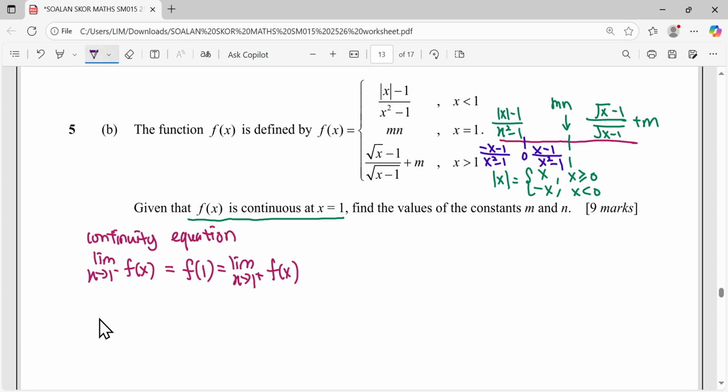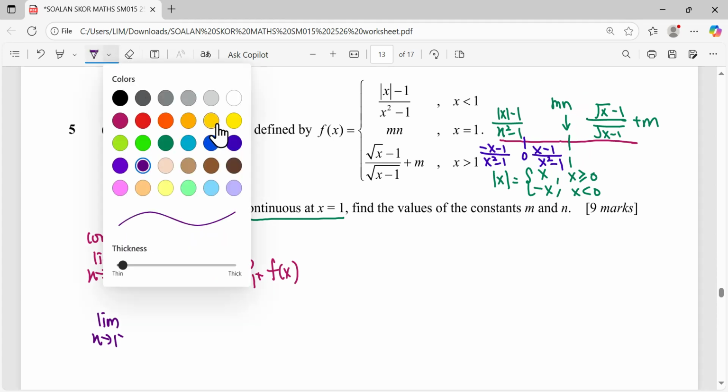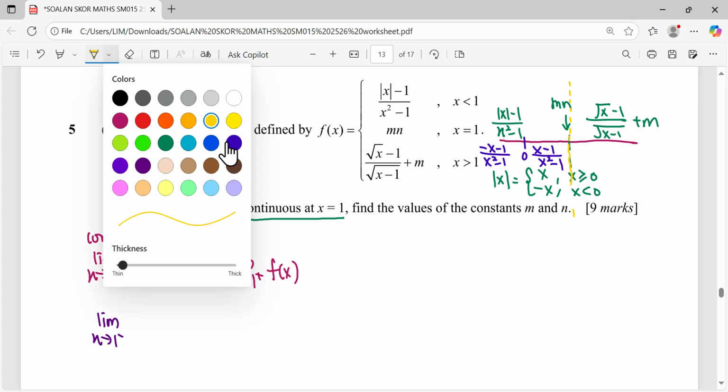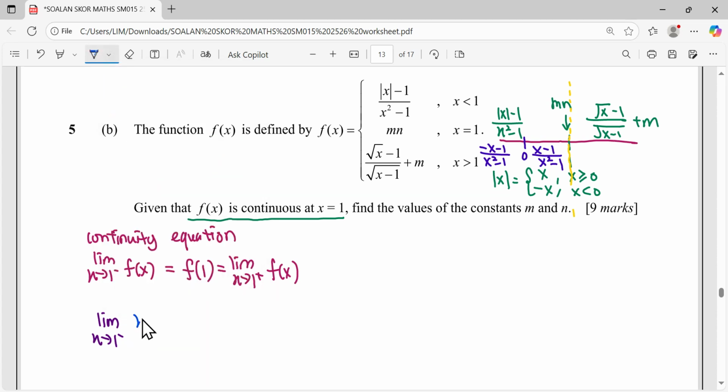Okay, so first, what is the limit as x approaches 1 from the left hand side? You can see your 1 is here, and we approach it from the left hand side. So getting near to 1 from the left hand side, it will be the function of x minus 1 over x squared minus 1. It will not take the negative one because that is too far away already, it is less than 0.